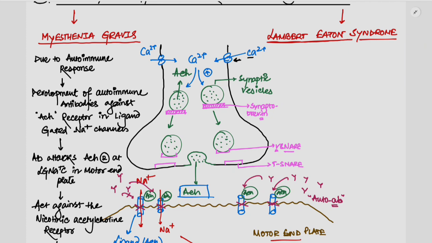Calcium helps the synaptic vesicles with exocytosis, so that acetylcholine moves out. Now in the absence of calcium, the synaptic vesicles cannot exocytose outside the axonal terminal into the synaptic cleft.